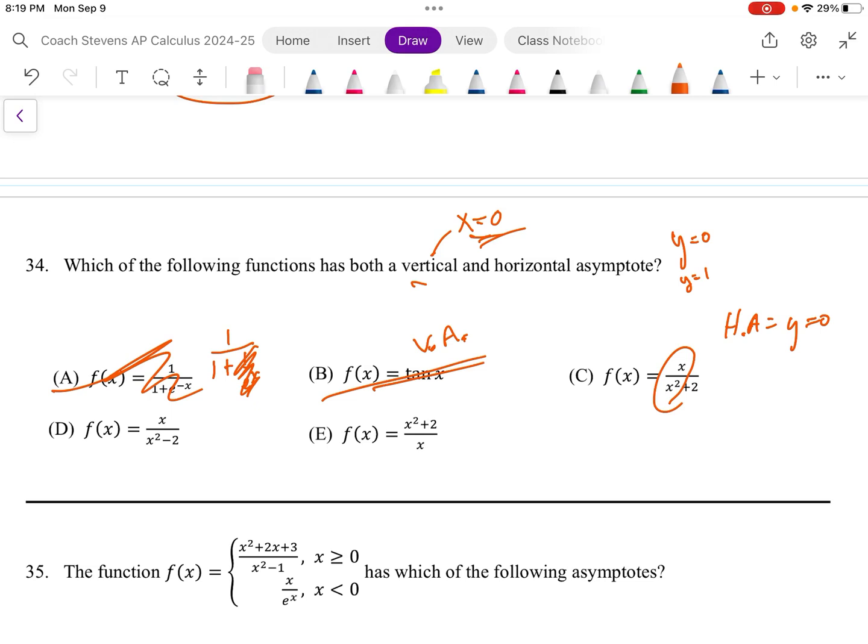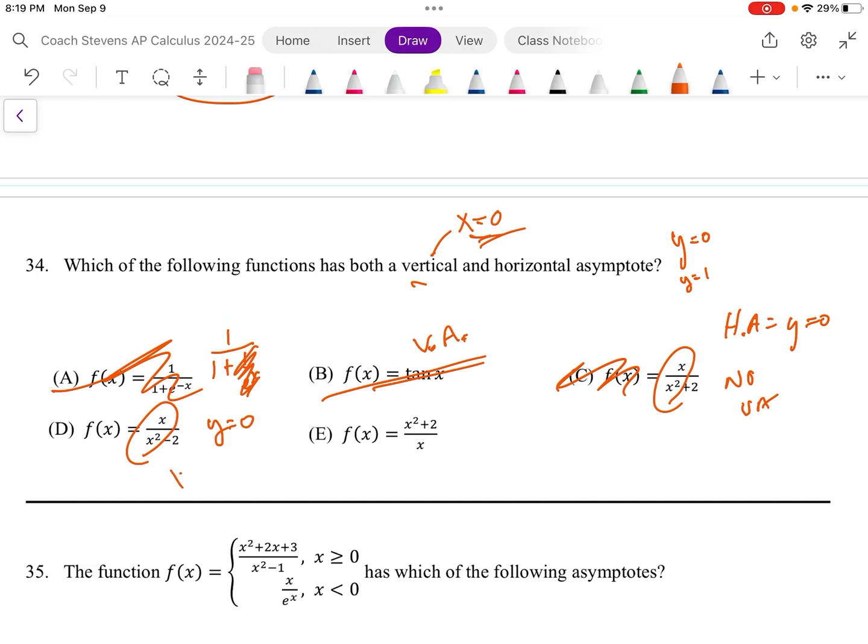There's no real number that you can plug in for x that you square and then add 2 to that is going to give you 0. So that doesn't have any vertical asymptotes. So that's not an answer choice. Here's another one that has vertical asymptotes, and it has a horizontal asymptote because the degree on the bottom is bigger than the degree on the top. So y equals 0 is the horizontal asymptote.